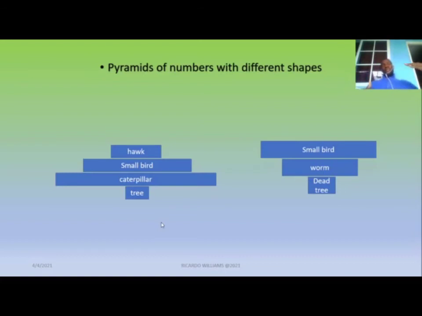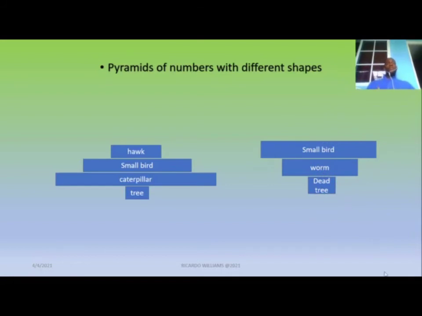Good. And then the numbers tend to decrease as we go further up, but there are cases where it can be totally upside down, like this one over here, a small bird feeding on a worm that was feeding on a dead tree. Good, this is a food chain, but guess what, we're starting with a producer that is dead. So you can have a dead tree, which is being decomposed, and probably six, seven, eight birds feeding on this, and the worms that are feeding on this tree.